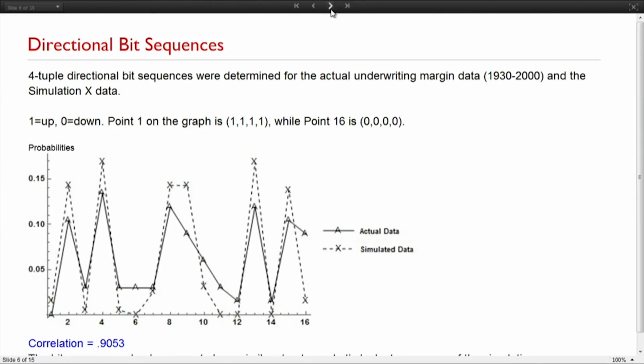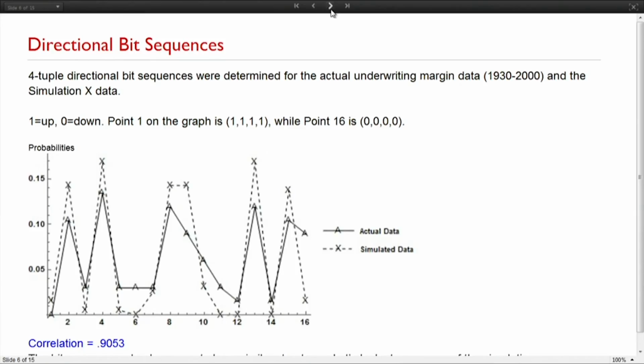I got the idea from an article by a gentleman named Hector Zenil, who I believe works with Wolfram, and a guy named Delahaye. They do something very different from what I'm doing, but they did create this directional bit string, which gave me the idea.